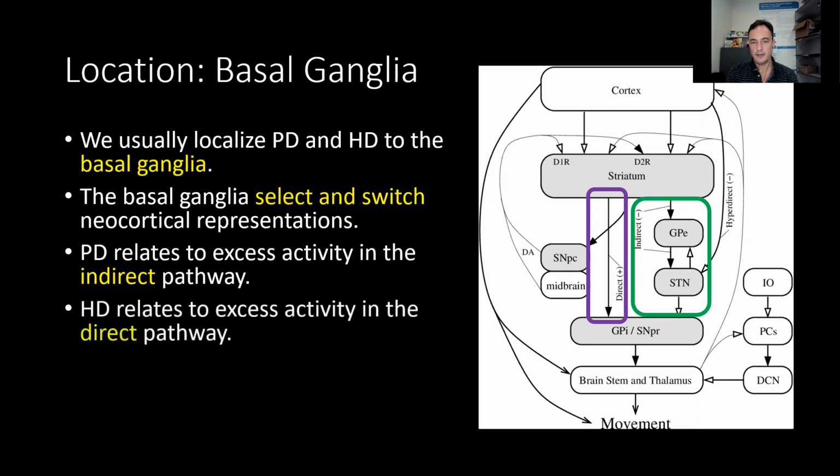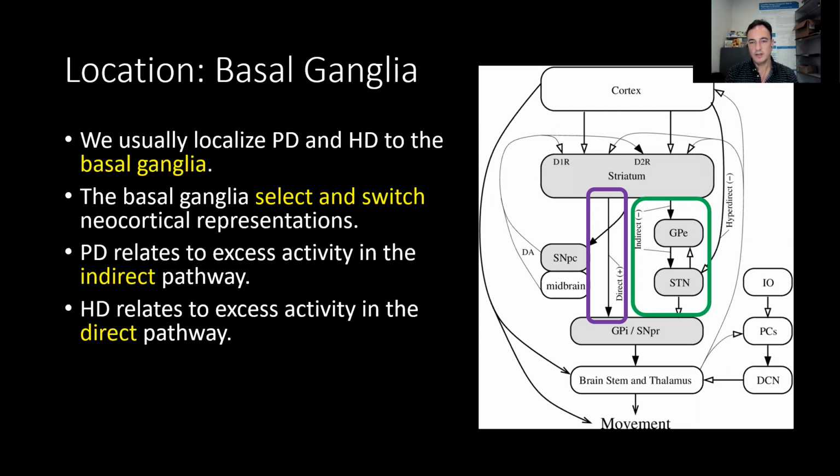Conversely, we have another pathway, the direct pathway, the one outlined by purple, and that stimulates the thalamus. It actually disinhibits the thalamus and the neocortex to increase the likelihood that behaviors and movements will occur. And so Huntington's is thought to maybe relate to an excess of activity in that direct pathway.